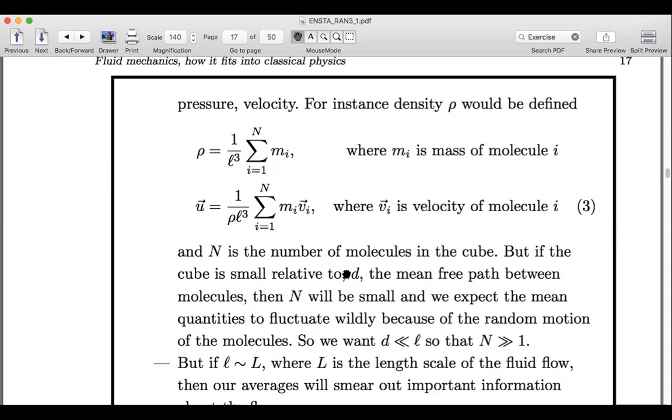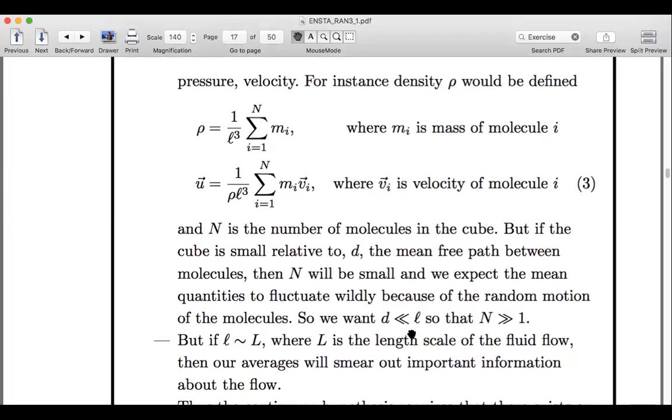Those free paths vary in length. Obviously, it's a random process, but they have a mean length. So a mean free path, that's a quantity we talk about in statistical mechanics. The mean free path of the air in this room is on the order of tens of nanometers. I think it's about 60 nanometers or something, depending on the temperature and the pressure, at around atmospheric pressure.